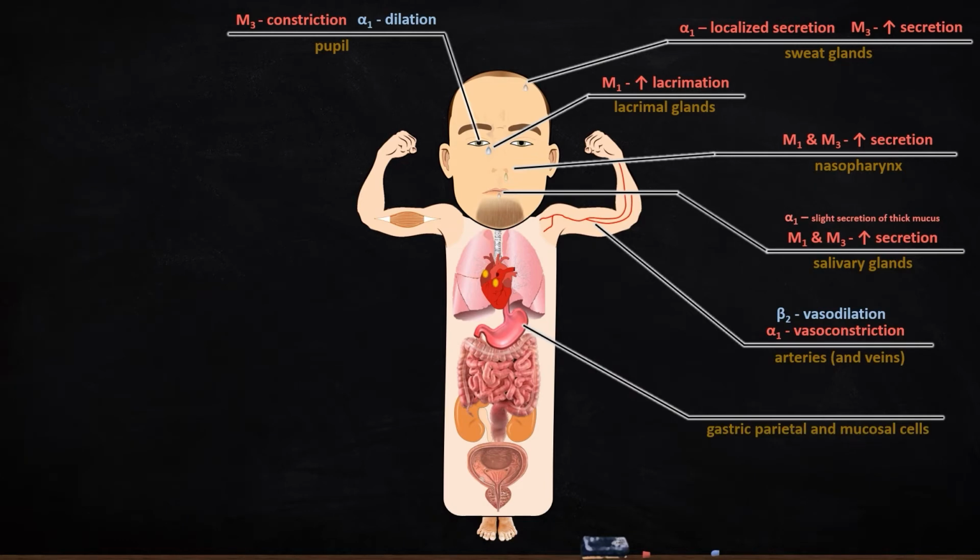The next organ we're going to talk about is the stomach, specifically the gastric parietal and mucosal cells. The parietal cells are what make the acid, and the mucosal cells make mucus and bicarbonate to protect our own stomach cells. So I'm going to look at this from the context of if you had swallowed some pathogens or microbes.